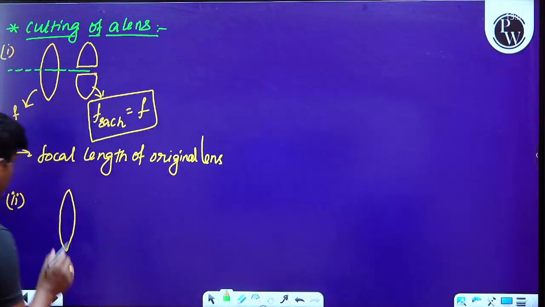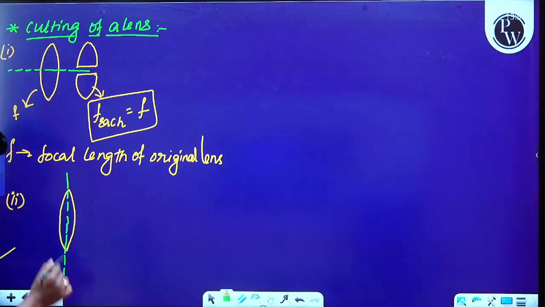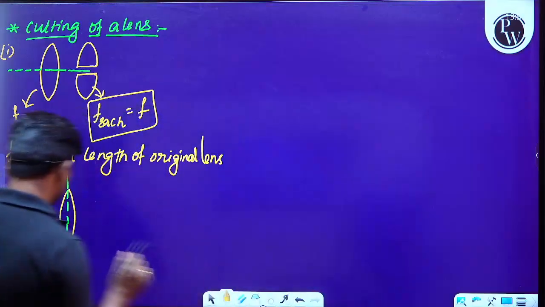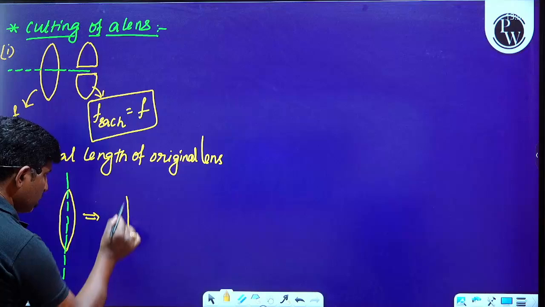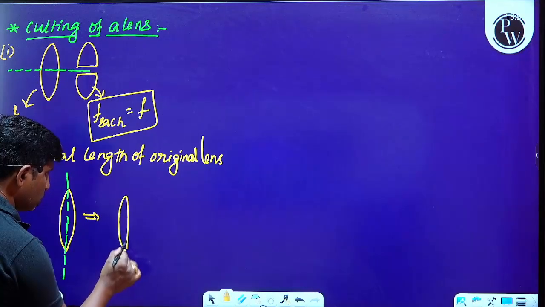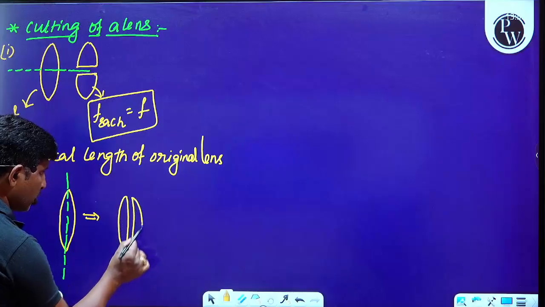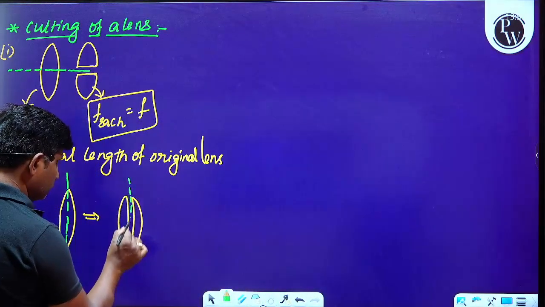Whenever we move on to the second case, let us consider this is the initial lens. Whenever the lens is cut perpendicular to the principal axis, we get two parts as shown in the figure. Please make a note of this.